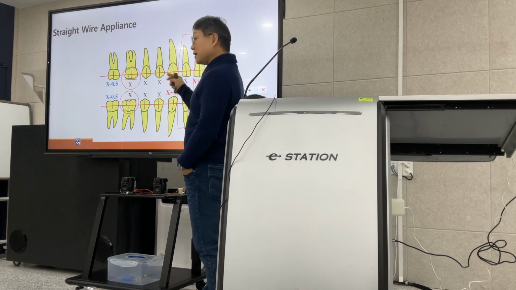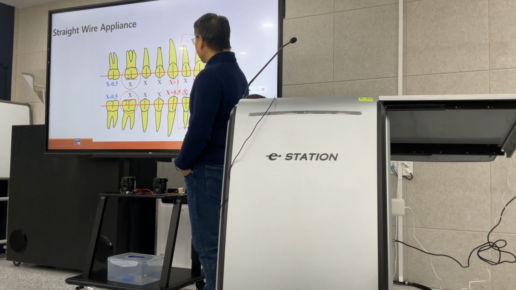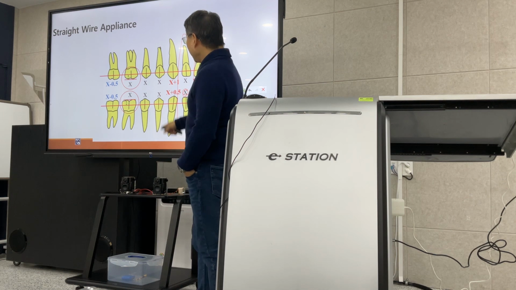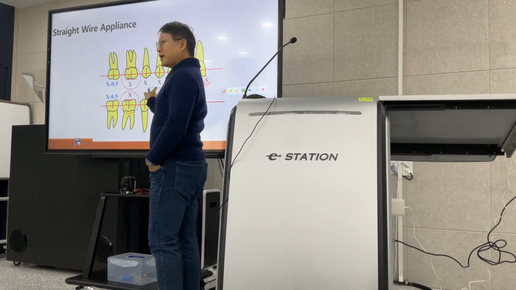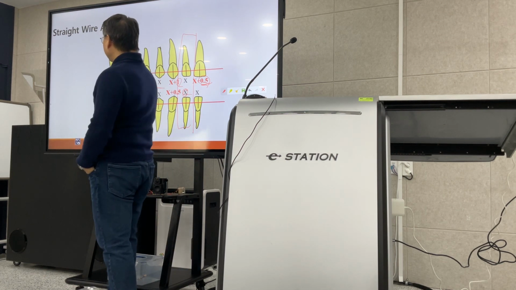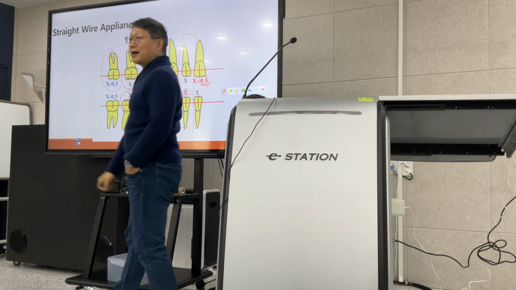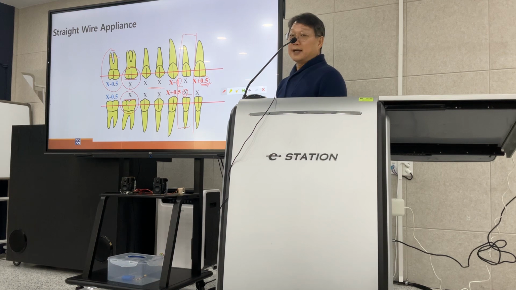Yes, always, your Andrews' concept is correct. But for the incisor, which is longer, plus 0.5, and the canine is higher, plus 1. The premolar is okay. Yes, the first molar is okay, but the second molar is minus 0.5. This is the more realistic Andrews' plane.